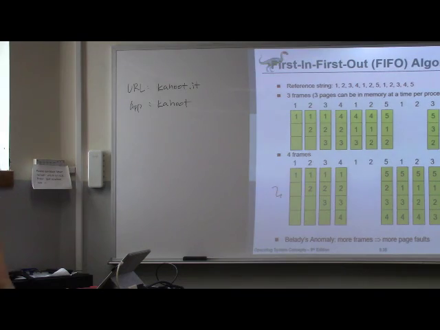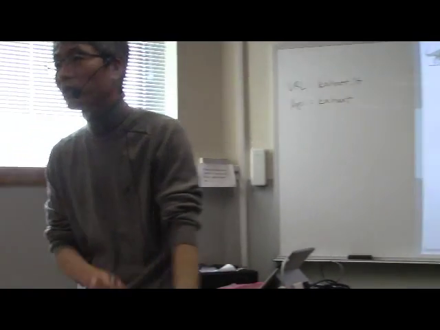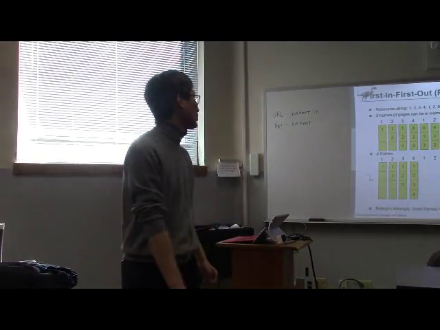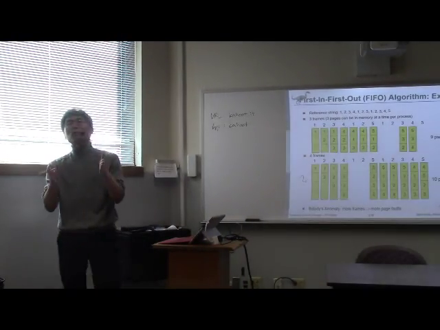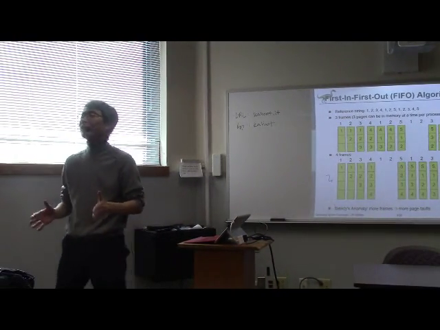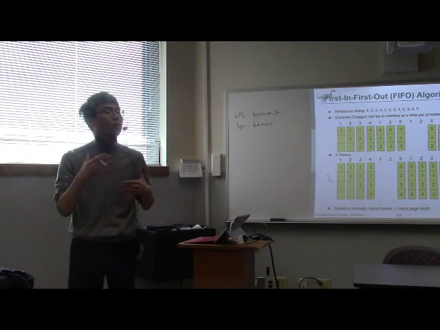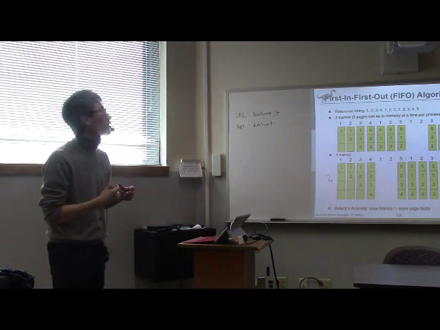We are going to continue memory management, especially paging. We are talking about the page replacement algorithm because we do not have enough page frames, so we need to replace. We cannot use swap in and out because it costs a lot of transfer, so in terms of performance, it's not so good.